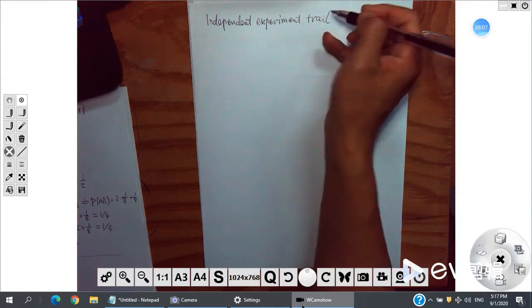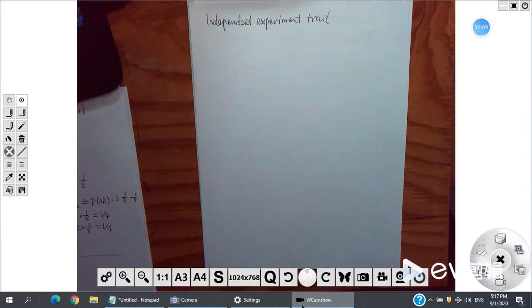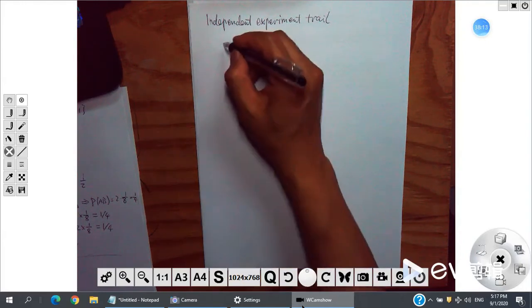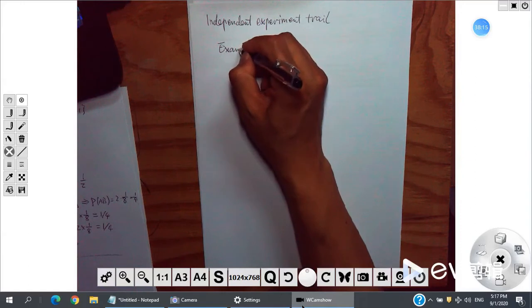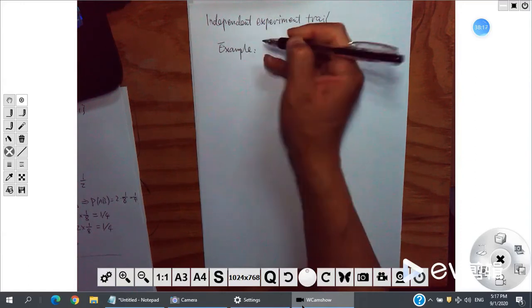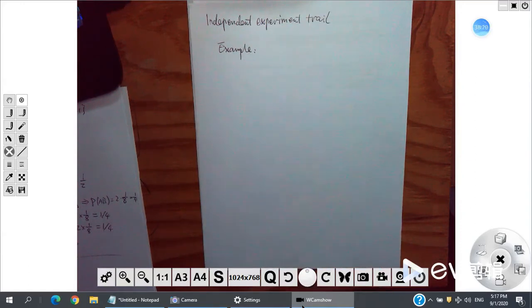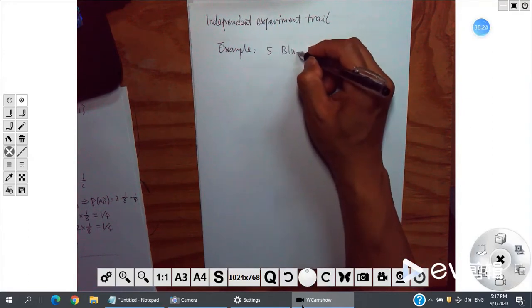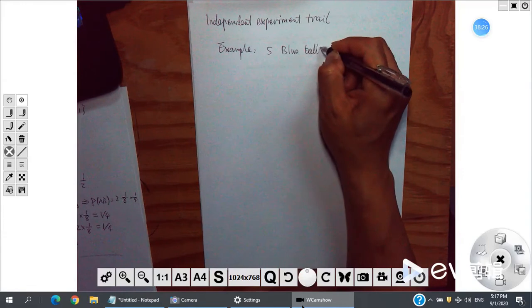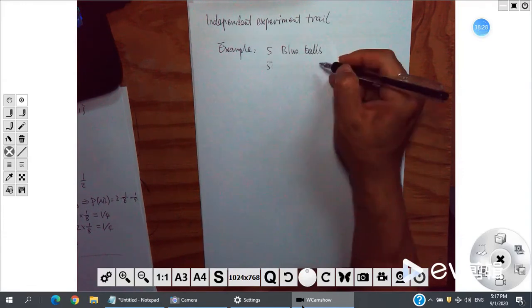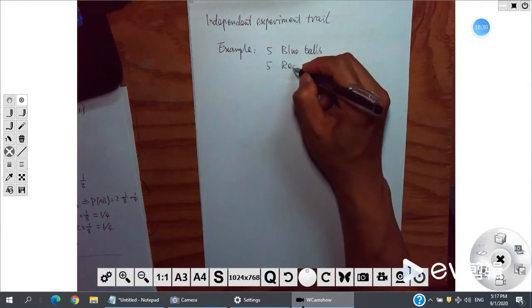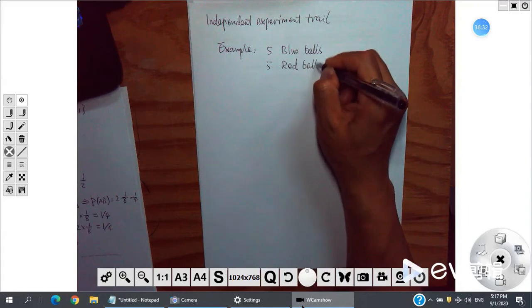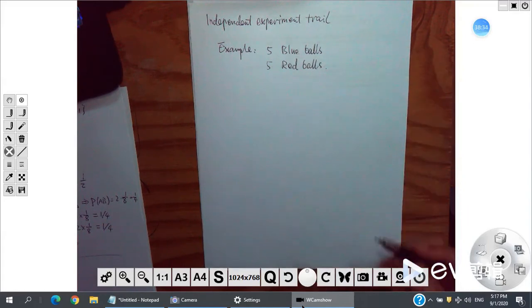It's kind of a way to treat a sequence of events. We consider an example first. We have, say, 5 blue bars. I have another 5 red bars. I put all of them in a box.